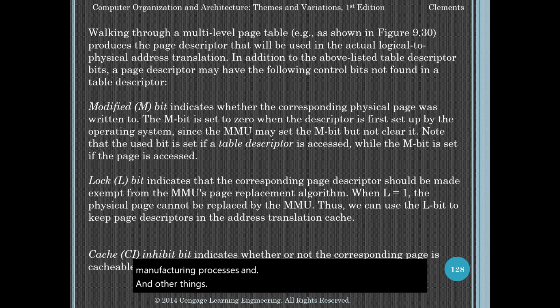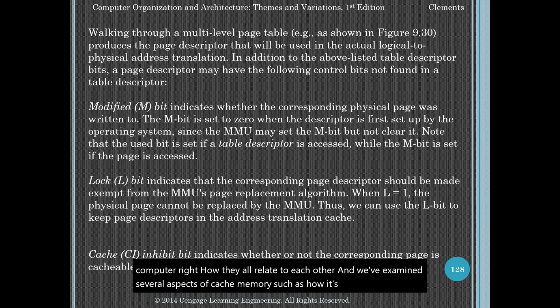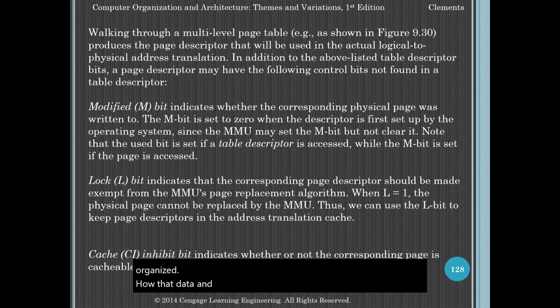And so we learned about fundamental types of memory in a computer, right? How they all relate to each other. And we've examined several aspects of cache memory, such as how it's organized, how that data and physical memory can be mapped onto a location in a much smaller cache, why we use caches in the first place, right?